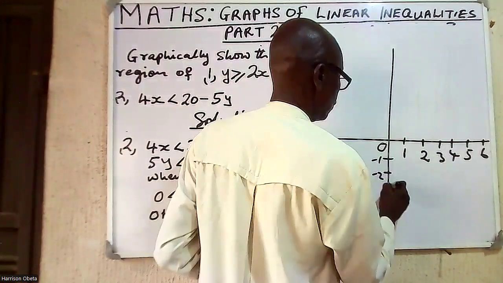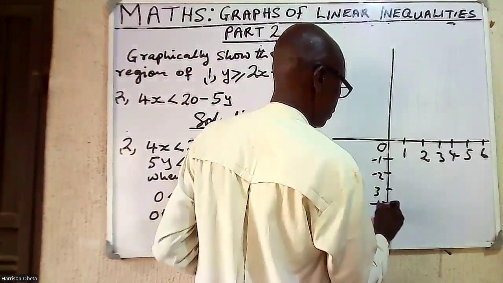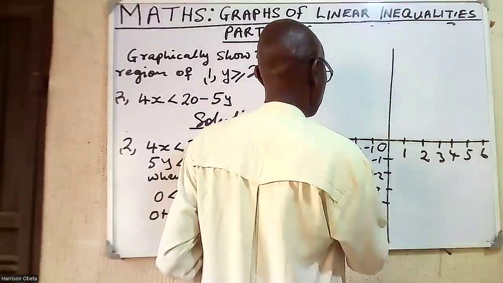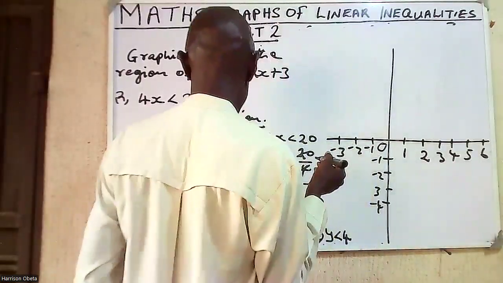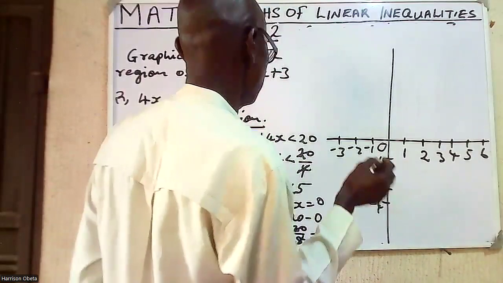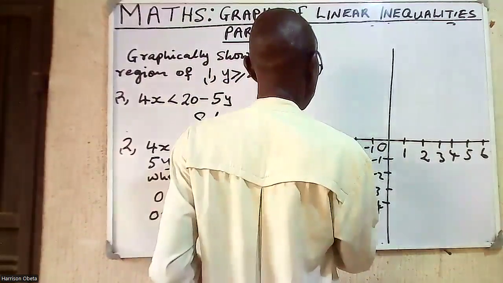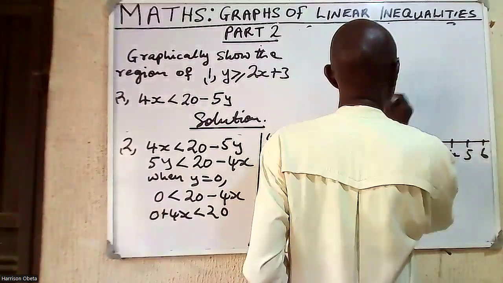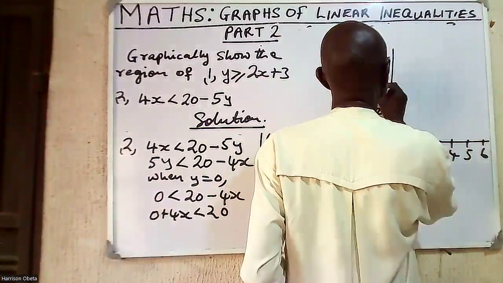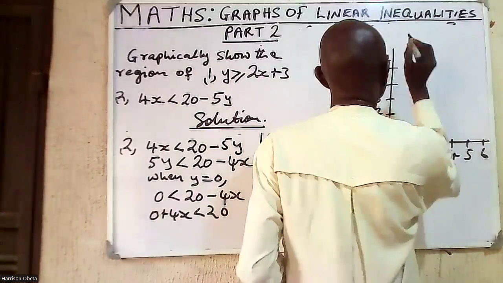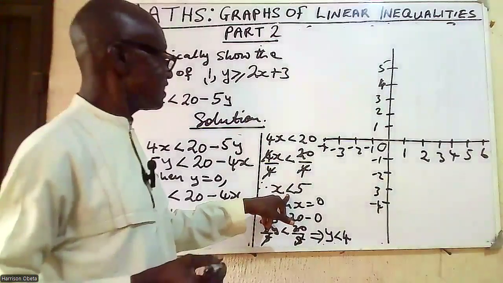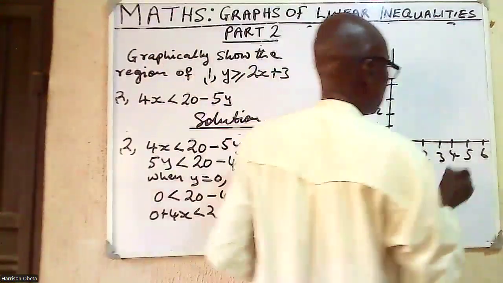Minus 1, minus 2, minus 3, minus 4. Okay. So this is 1, 2, 3, 4, 5. Along the x-axis, we are talking of x less than 5.